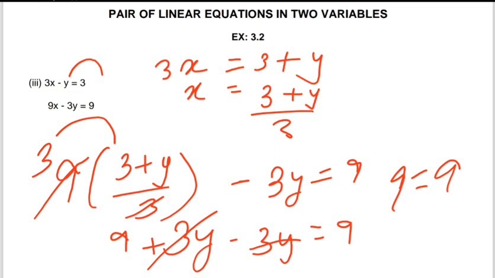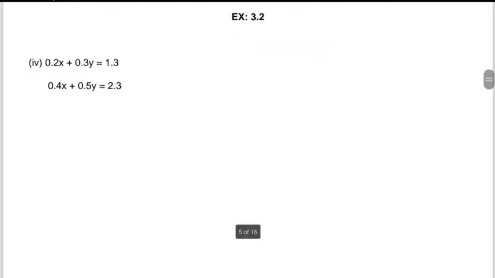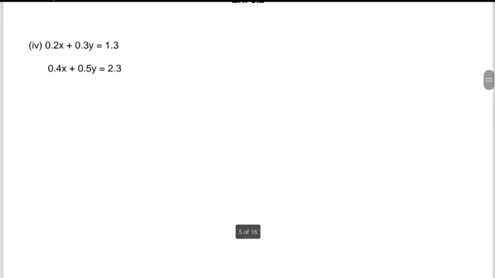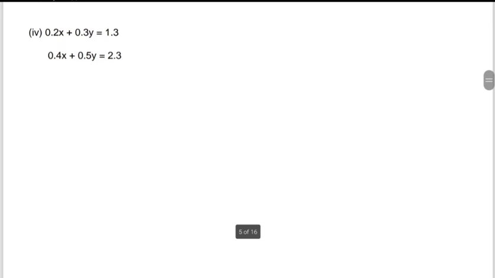So let's go to the fourth one. 0.2x plus 0.3y is equal to 1.3, and the second is 0.4x plus 0.5y is equal to 2.3. Using decimals is a little complex, so we are changing the decimals to whole numbers. To change into whole numbers, we should multiply both the equations by 10.